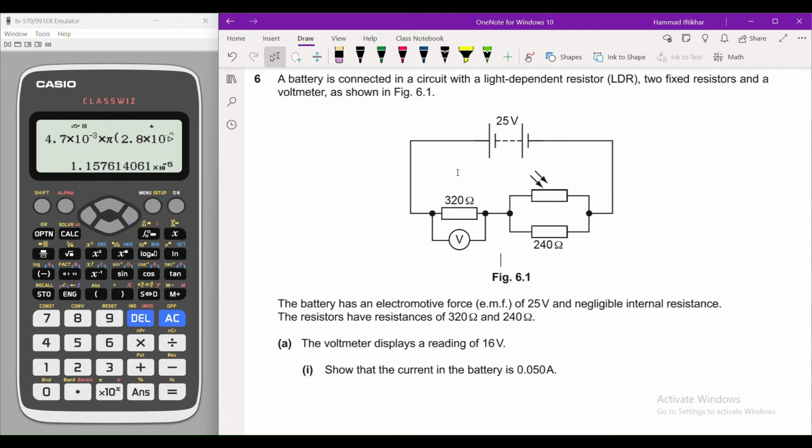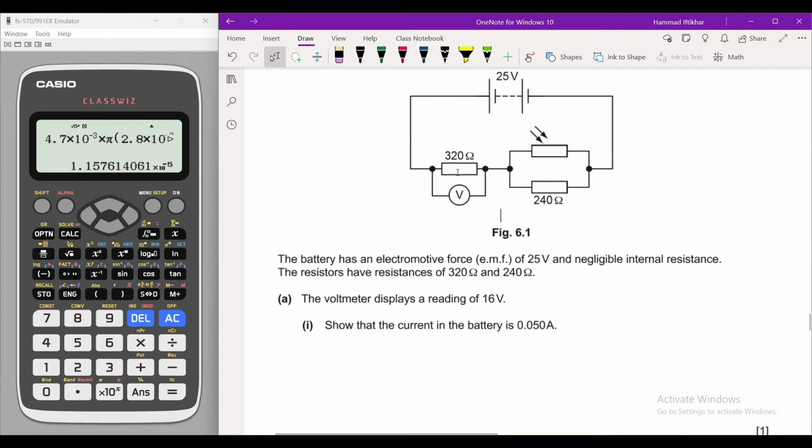Show that the current in the battery is 0.05 amperes. We can find the current flowing through the battery by finding the current passing through this resistor.